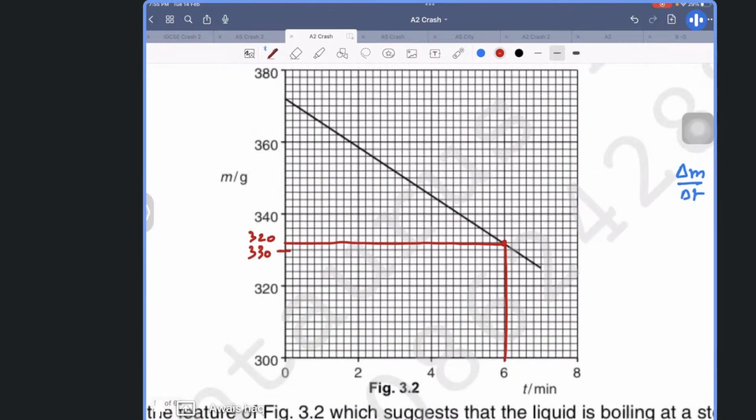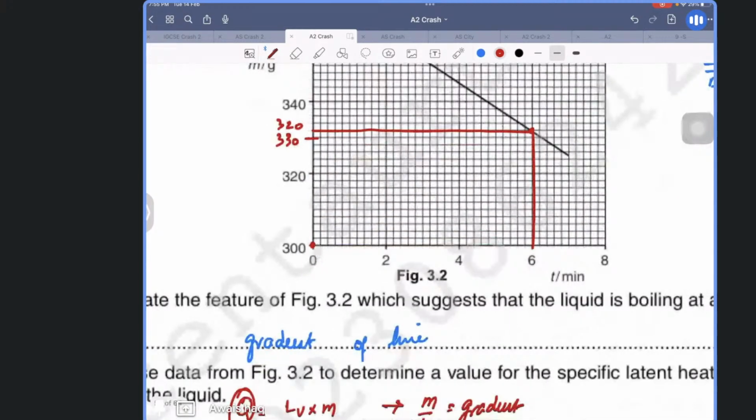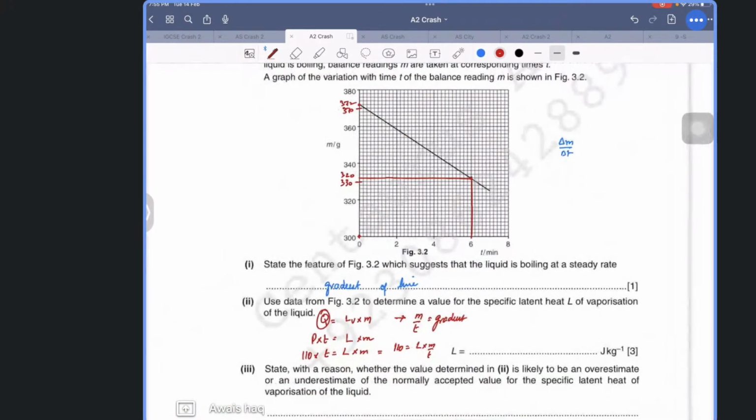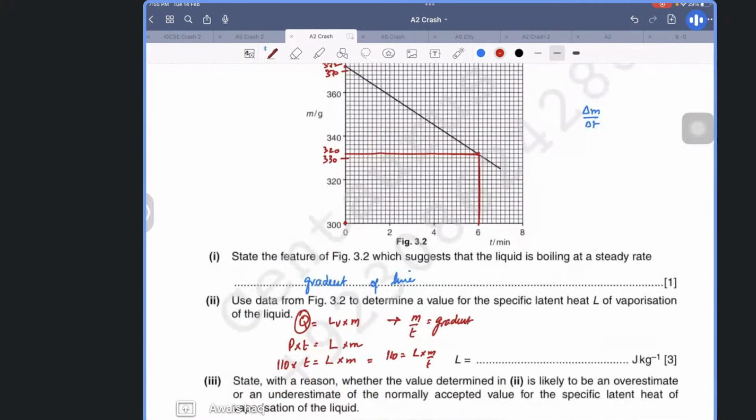And at the start, when the time had not started, this would be 370, 372. So the change in mass is going to be 372 minus 332, and that is happening in 6 minutes. So 6 into 60 I'm going to do, because I'm going to change it into seconds.